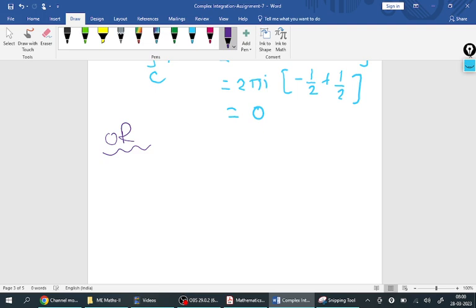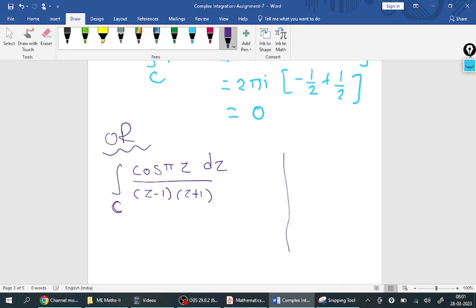Our aim is to evaluate this integral, cos of pi z upon z minus 1 into z plus 1, dz over that rectangle. That C is a rectangle here. So the first thing you have to do is find the partial fractions for the denominator's linear factors.